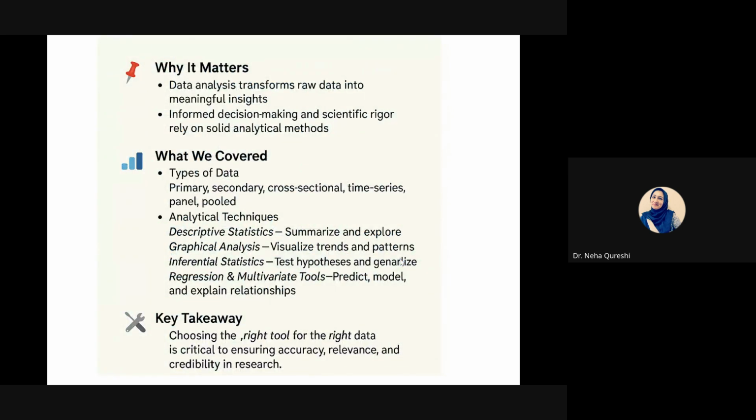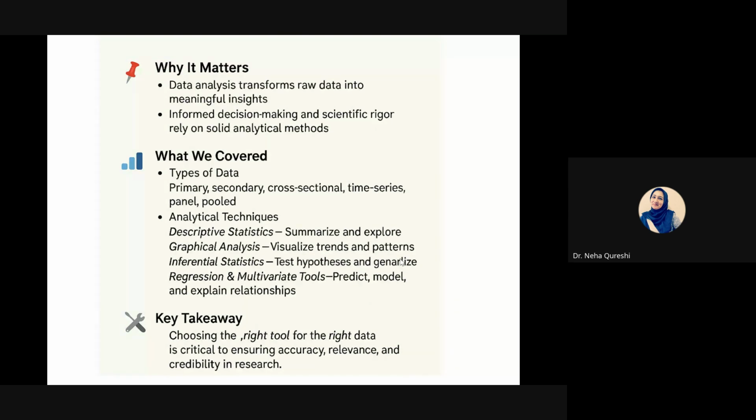Why data analysis is important is because without gaining useful insights from your raw data, you cannot make any meaningful conclusions, and neither can it help you with informed decision making. And solid analytical methods are very important for scientific rigor as well.